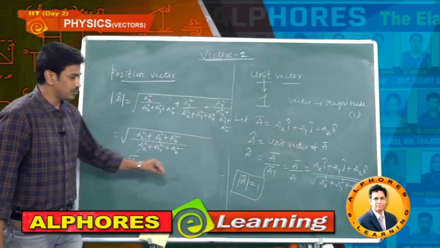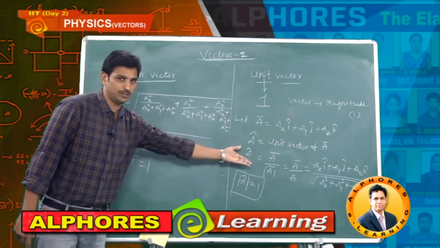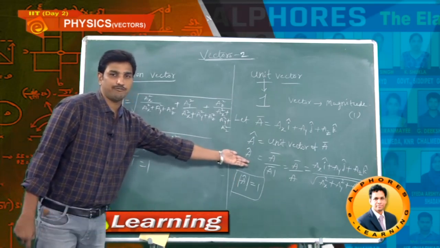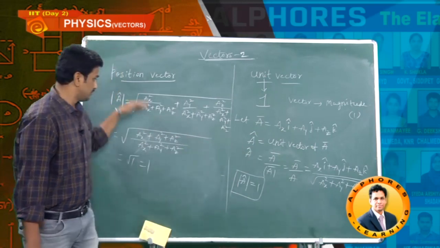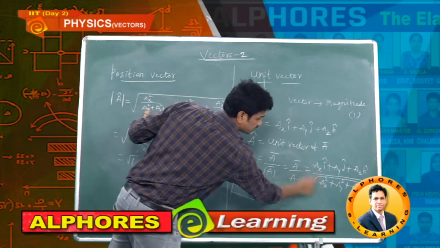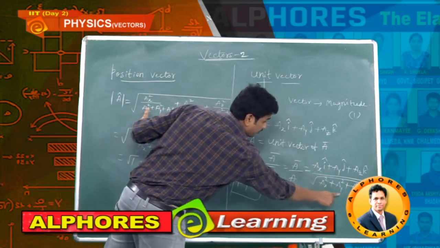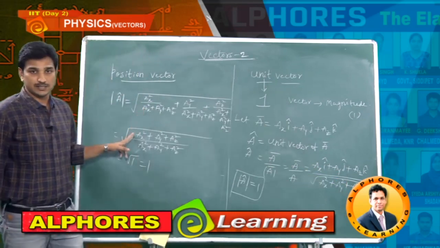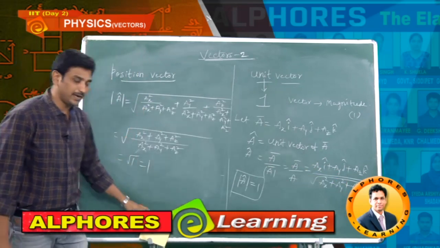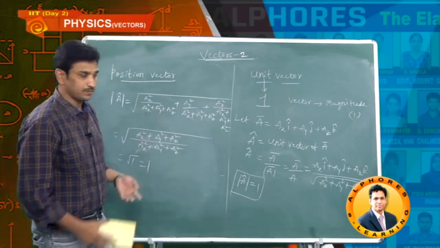Now I have given the proof, so you can see why we should take the A cap formula like this. Root of I cap coefficient whole square plus j cap coefficient whole square plus k cap coefficient whole square. Finally I got the answer 1. So depending on unit vectors, shall we do some questions?